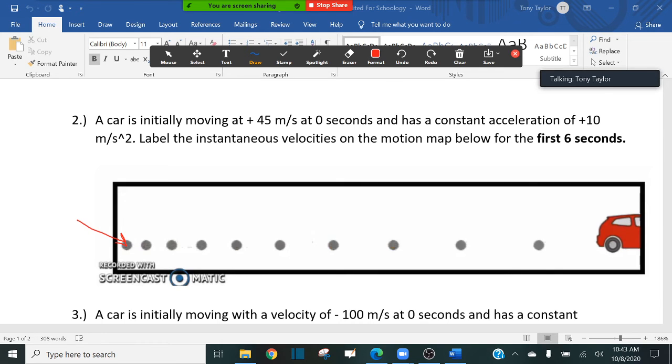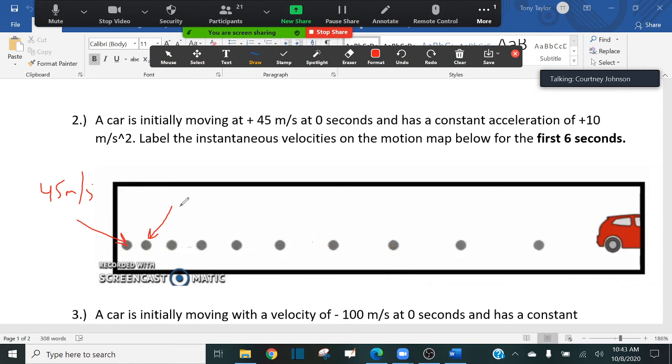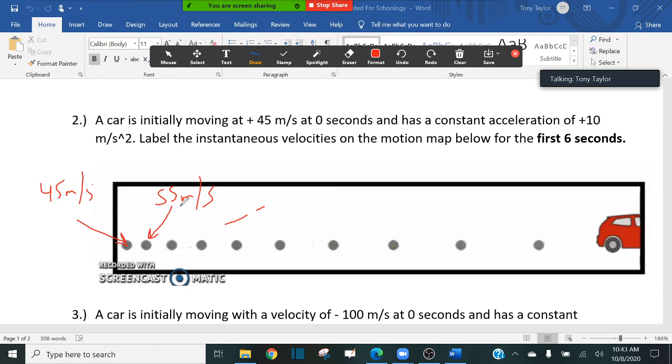So here it is moving at 45 meters per second. Someone tell me how fast is the car moving here, given its rate of acceleration? Anyone? After the first second, how fast is it moving? Anyone? 55. Yep. 55 meters per second. Exactly. Let's keep going. How fast is it moving after the second second?